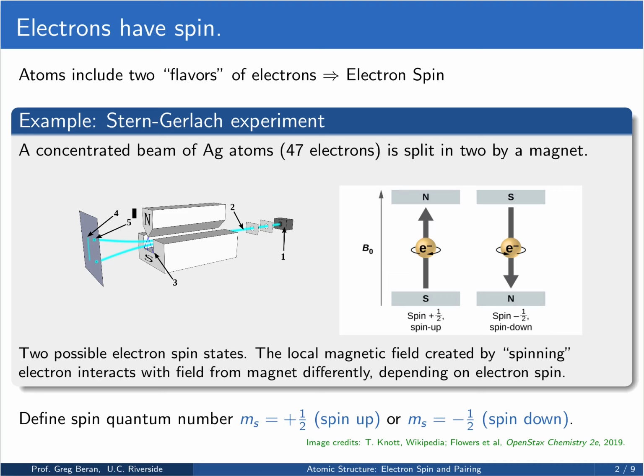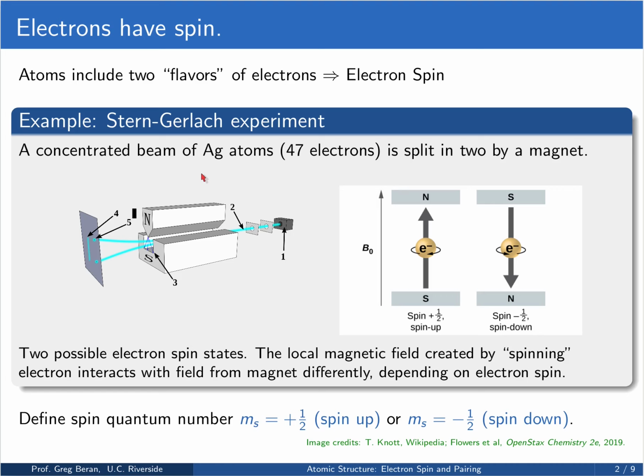And so to see this experimentally, we can do something called the Stern-Gerlach experiment. In this experiment, we have a beam of silver atoms being shot out and passed through a magnetic field. Silver atoms, as we'll talk about later on, have 47 electrons, which is an odd number of electrons. And so it turns out that only one of those electrons is unpaired. All the others are paired up and sort of cancel each other out in terms of their spins. So we have one unpaired electron with a particular spin.